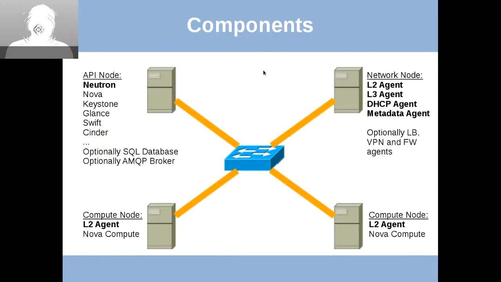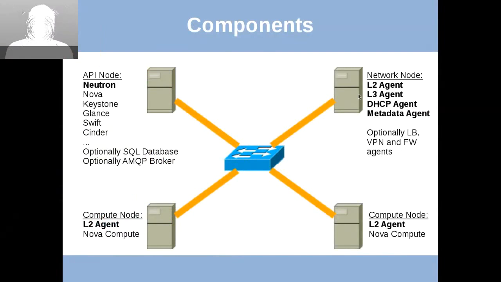So, for example, if the Neutron service just got a create router API call, it would persist that data in its database. Then using this type of messaging, it would forward a notification to the layer 3 agent on the network node, which would do the actual work.